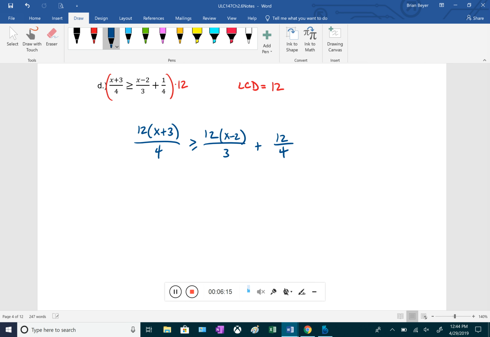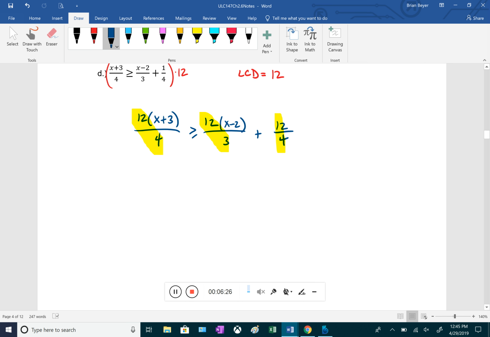So every term got multiplied by 12, and we're going to use that to cancel all these denominators. Remember, don't distribute that. So 12 over 4 is 3. So it's 3 times (x + 3) greater than or equal to 12 divided by 3 is 4. So we get 4 times (x - 2), and then 12 over 4 is 3.